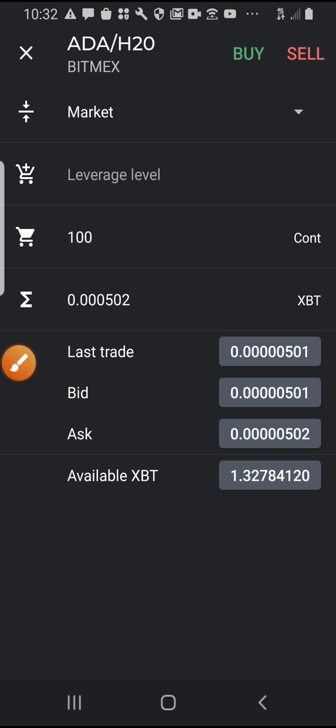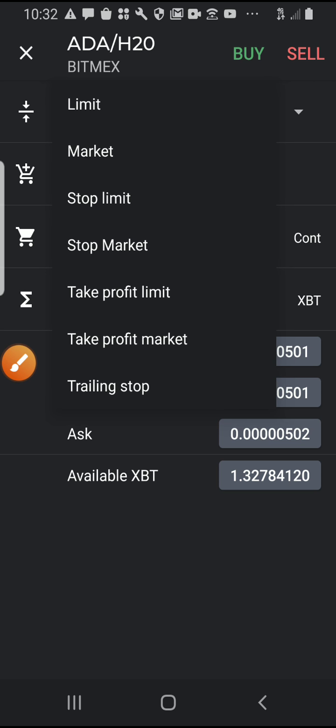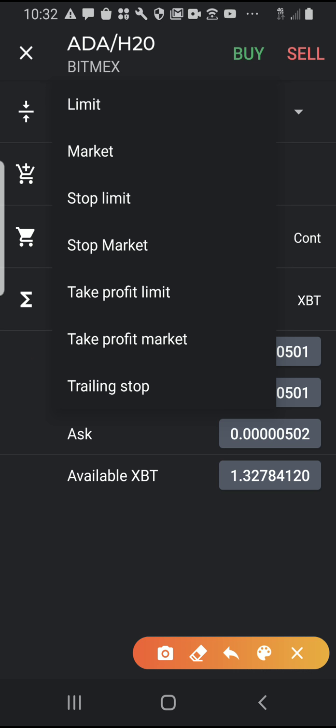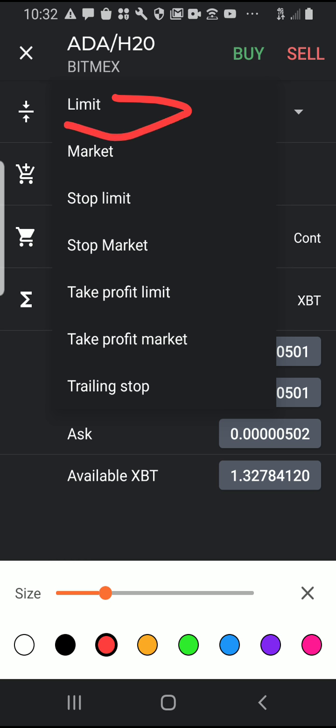I'm going to explain the difference between limit, market, and stop limit. When we talk about limit, we are saying that we want to price the coin. Let's say you enter the market and they told you this cloth is 5,000, and you said you want to buy it at 4,005. That's limit.